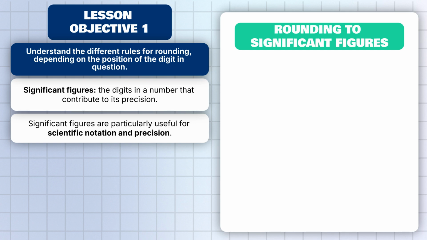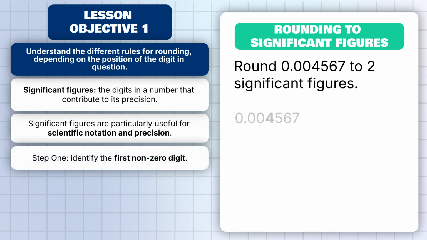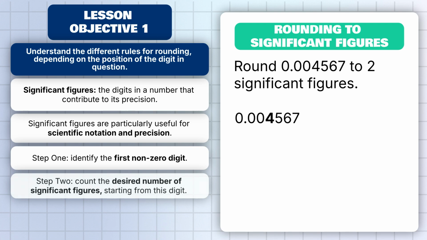Here, let's round 0.004567 to 2 significant figures. First, we must identify the first non-zero digit, which in this case is 4. Then we count the desired number of significant figures, starting from this digit. We want 2 significant figures, so in this case these are 4 and 5. Look at the next digit.